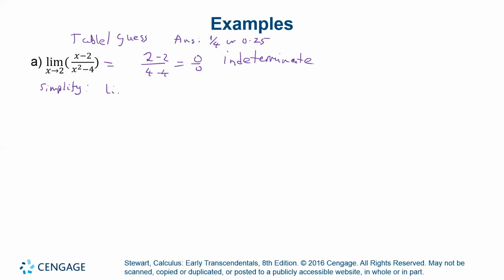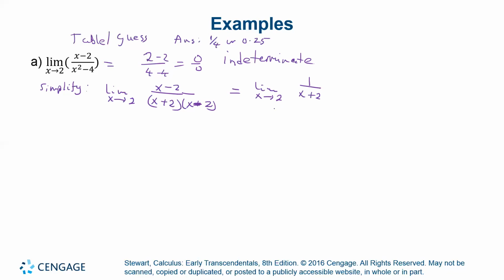So we have the limit as x goes to 2 of x minus 2 over x plus 2 times x minus 2. So this is equal to the limit as x approaches 2 of 1 over x plus 2.